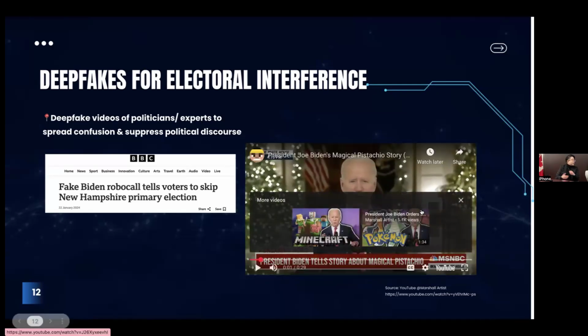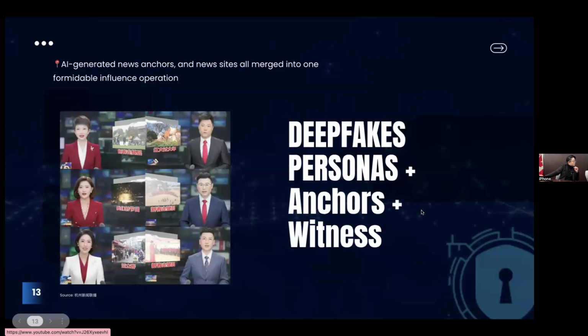So this is actually an AI-generated deepfake video of Biden, and I think we're going to see more and more of this kind of deepfakes for electoral interference from the Chinese side, because AI development in China has been spreading rapidly. You can see from this photo, there are 6 anchors on a television broadcast, but actually all 6 of them are AI-generated anchors, if you can spot the difference.